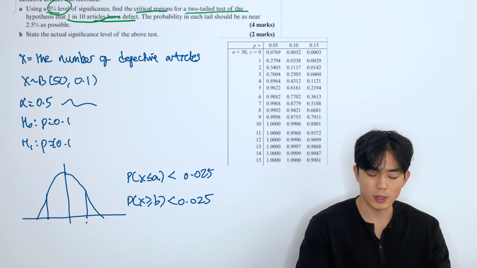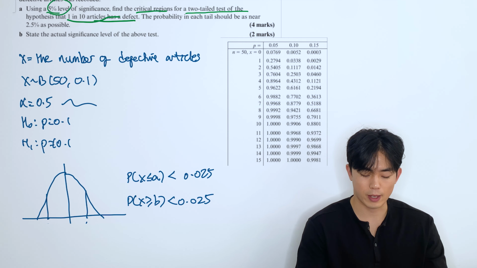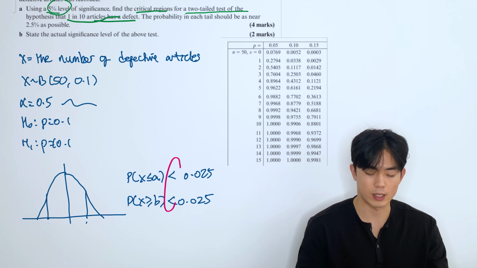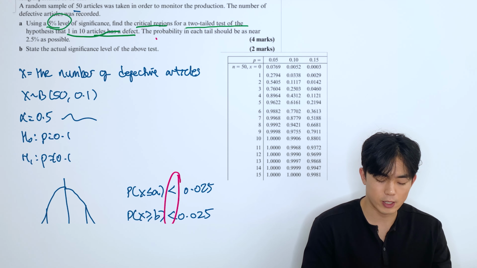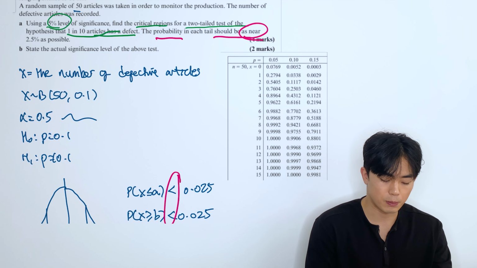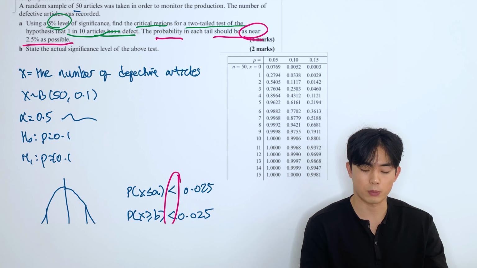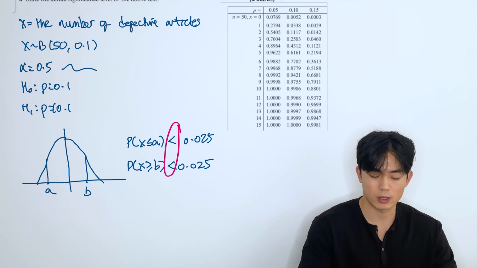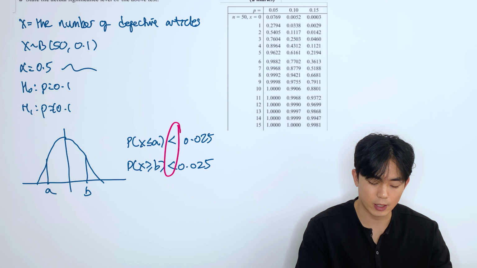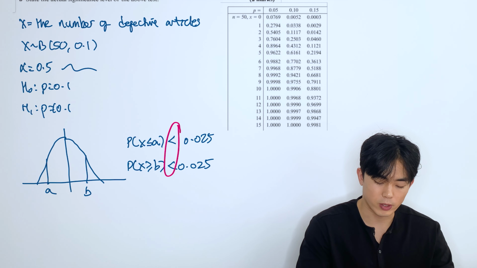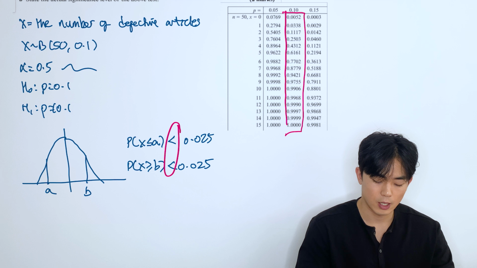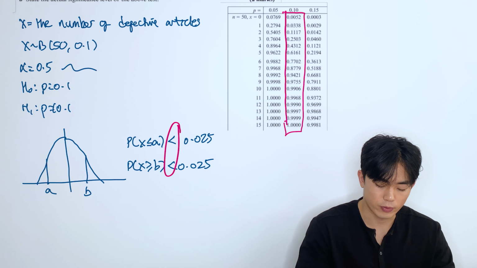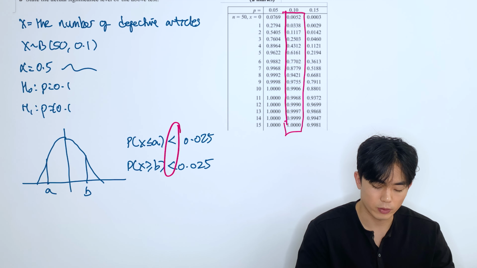Right, normally, in most cases, we have to always find less than this significance level here. But if you keep reading the question, it says the probability in each tail should be as near to 2.5% as possible. Okay, so the reason why they're trying to trick you with this is, if I look at the table here, we have 50, 0.1, so we're looking at this column here. So for this first one, less than 0.025, the only one that's less than 0.025 is this one here, right?